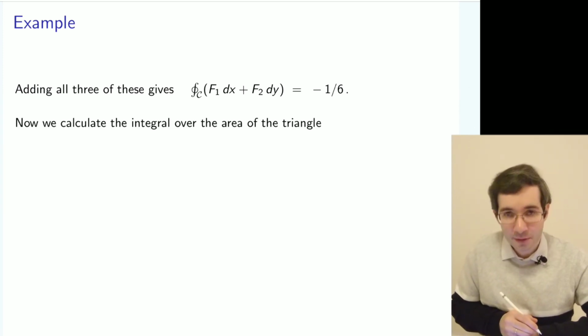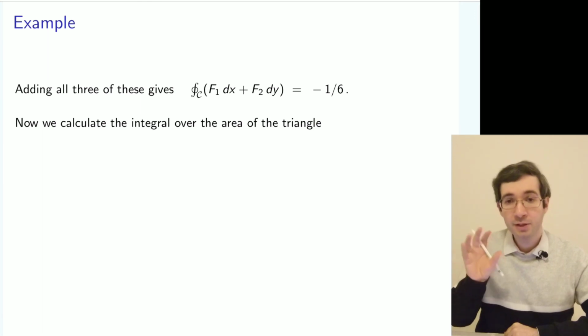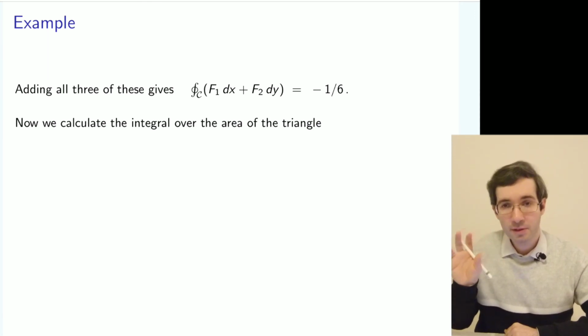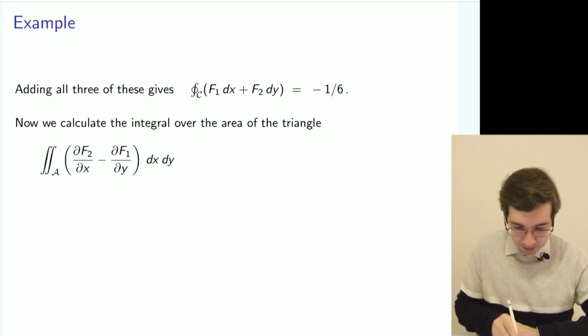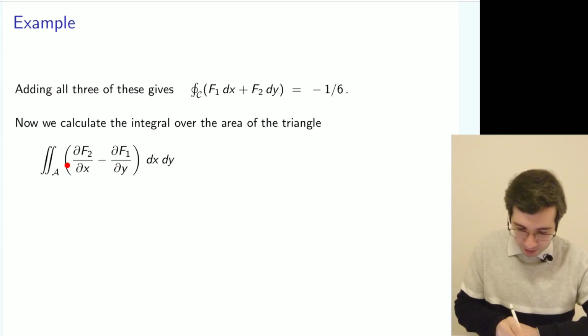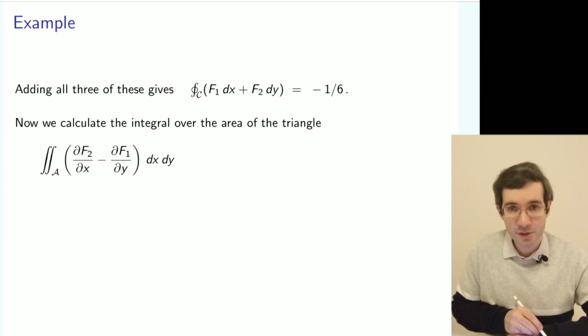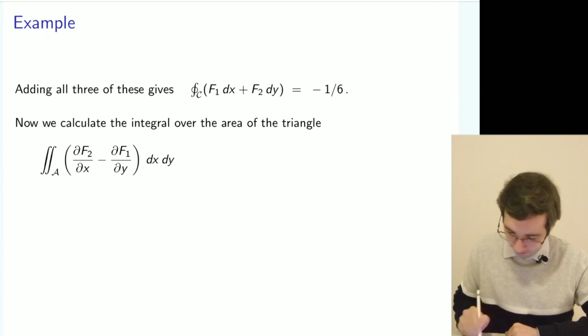Well, now let's compare it to the right-hand side, to the integral over the area, the surface integral. So that's how we need to use it. That's a definition, part of Green's theorem.